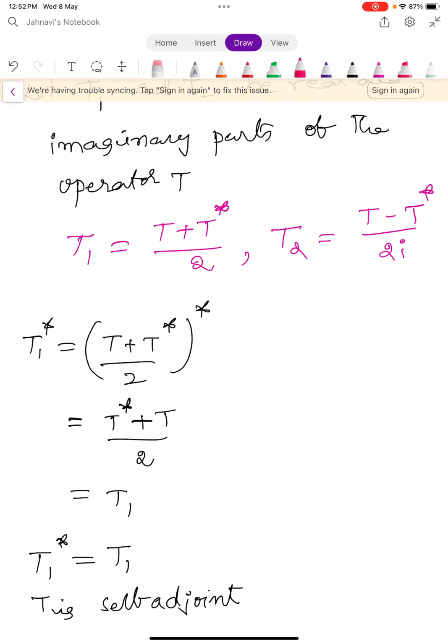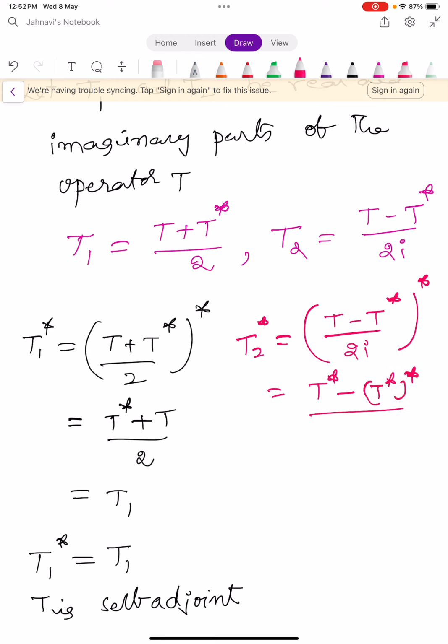Next, in a similar manner, let us find T2 star. T2 star is equal to ((T minus T star) by 2i) whole star, which is equal to (T star minus T star whole star) by minus 2i, because remember that i star is equal to minus i.